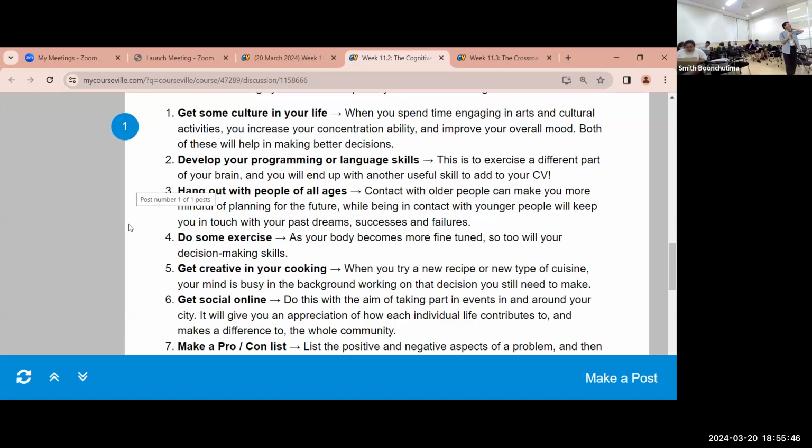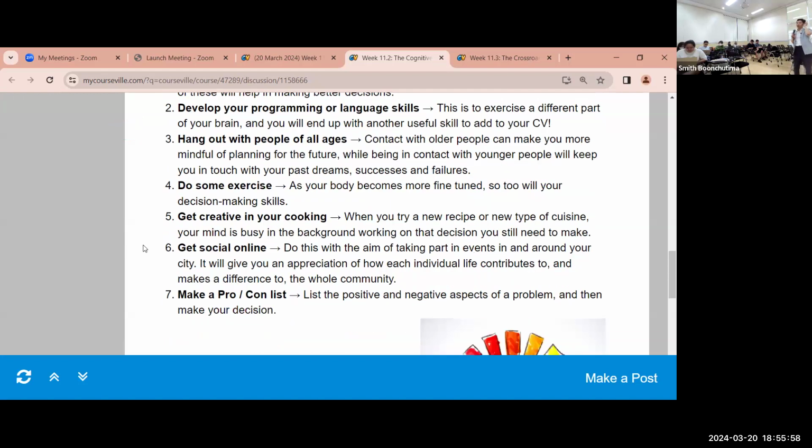And then do some exercise, because mind and body are very connected. If you have a strong body, you are likely to have a strong mind as well. Your mind will be quicker and sharper. And then get creative in your cooking. This is a very simple thing that you can practice every day, because when you cook, you have to be creative all the time.